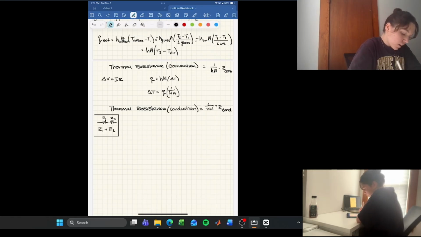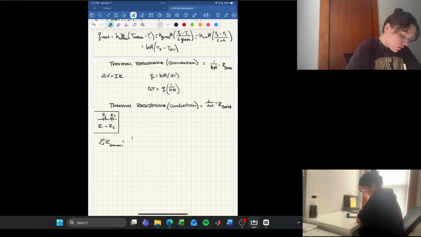So the total thermal resistance is going to be, the first one, the coffee, is by convection. So this is going to be 1 over the heat transfer coefficient of the coffee times the area. And then you're going to add it to the resistance by conduction from the glass.